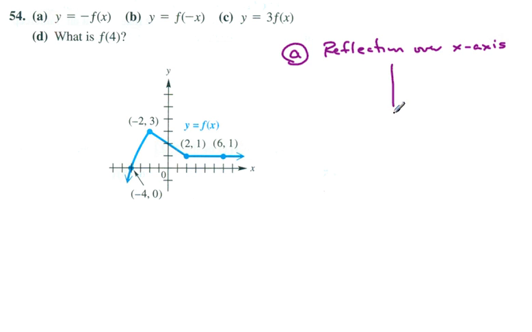My first point, negative 4, 0, when I reflect it over, is still at negative 4, 0. My next point, negative 2, 3, is going to reflect down to negative 2, negative 3. My point 2, 1 is going to reflect to 2, negative 1. And my point 6, 1 is going to reflect to 6, negative 1.